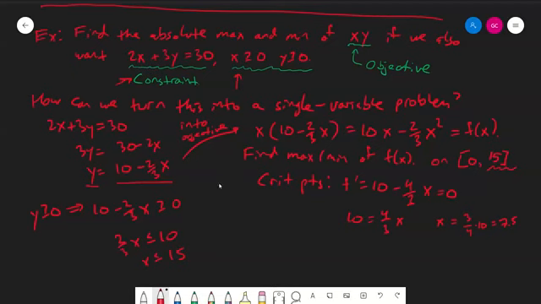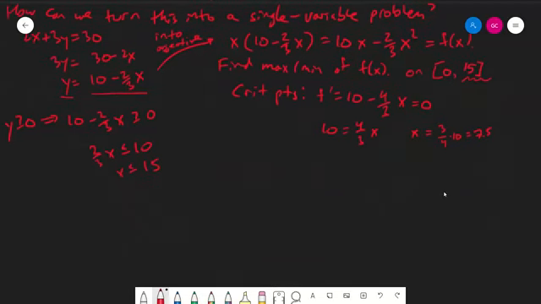And then remember, we just build a table that has the endpoints, so 0 and 15, and then any of the critical points that we find, so in this case 7.5. We plug them all into f of x, which remember is this function right here.